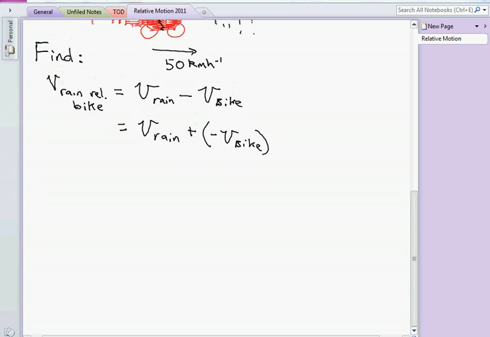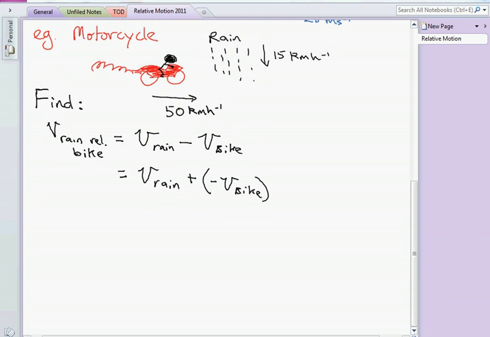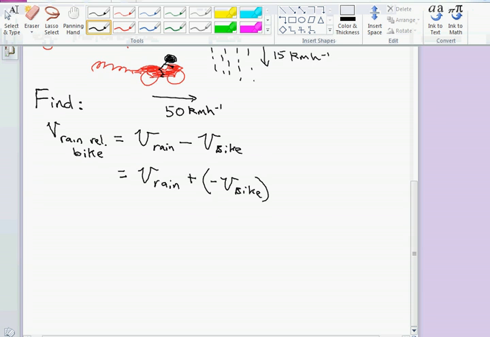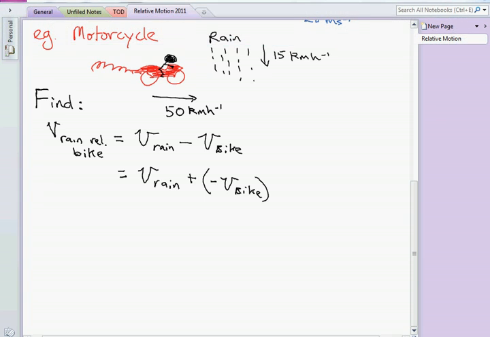Okay, we don't want to lose our cool bike in pictures, so we'll leave it like that. Have a colour, choose a colour. I've got to set up the purple colour, otherwise I'll just highlight everything. Okay, so V rain, let's write down V rain, that's easy. We've got 15. And V bike is that way, 50.